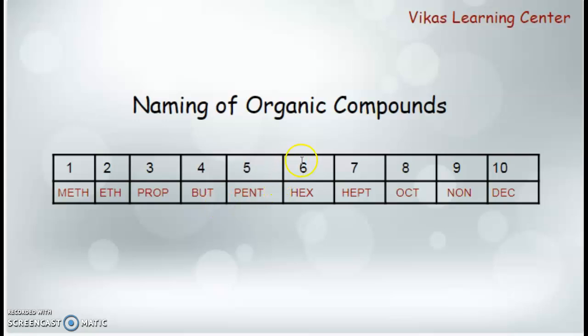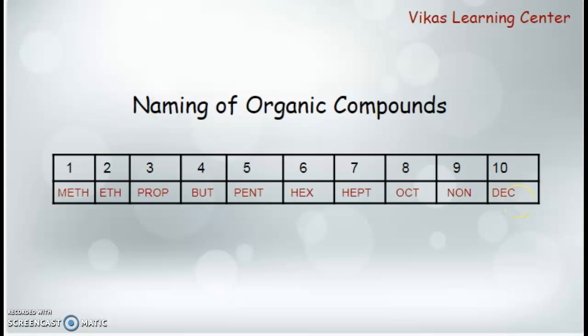If it is 6 carbon atoms, the name is going to begin with hex. If you notice the presence of 7 carbon atoms in any hydrocarbon, the name begins with hept. If it is 8 carbon atoms, it is oct. If it is 9, it is non. And when there are 10 carbon atoms in any hydrocarbon, the name will begin with dec.